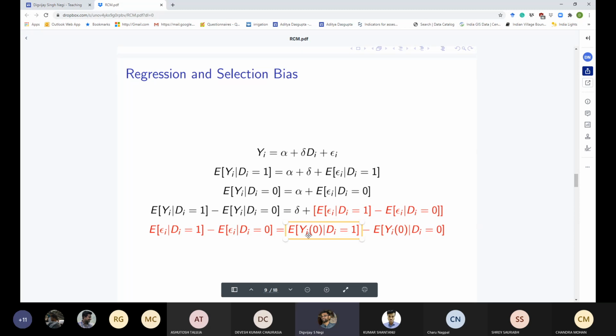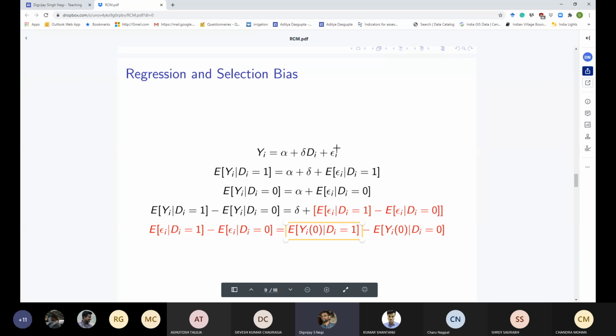If selection was not random, if assignment of treatment was not random, then we know these two terms will not be zero. So we will not be able to identify the delta. That's what it means in this simple structure.